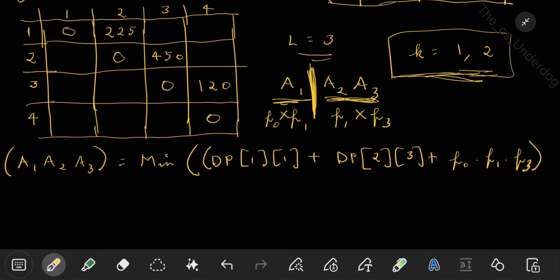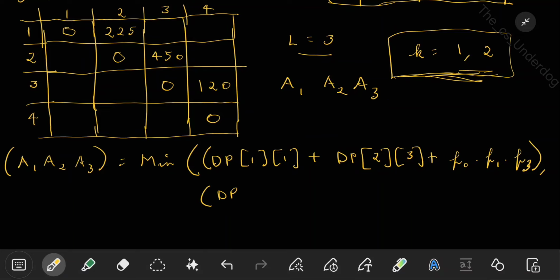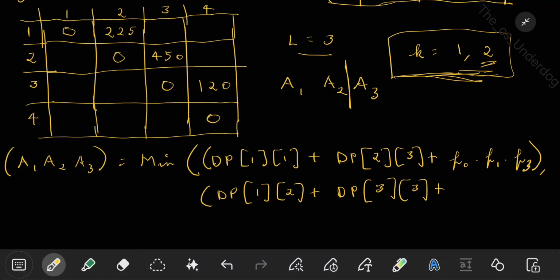This is one possibility. And what is the other possibility? Minimum of, one is this and the second one is dp of, the second possibility is that your split is after 2, your K is equal to 2. Then dp of 1, 2 plus dp of K plus 1, J. If K is 2, K plus 1 will be 3, where J is 3, plus the total number of scalar multiplications.